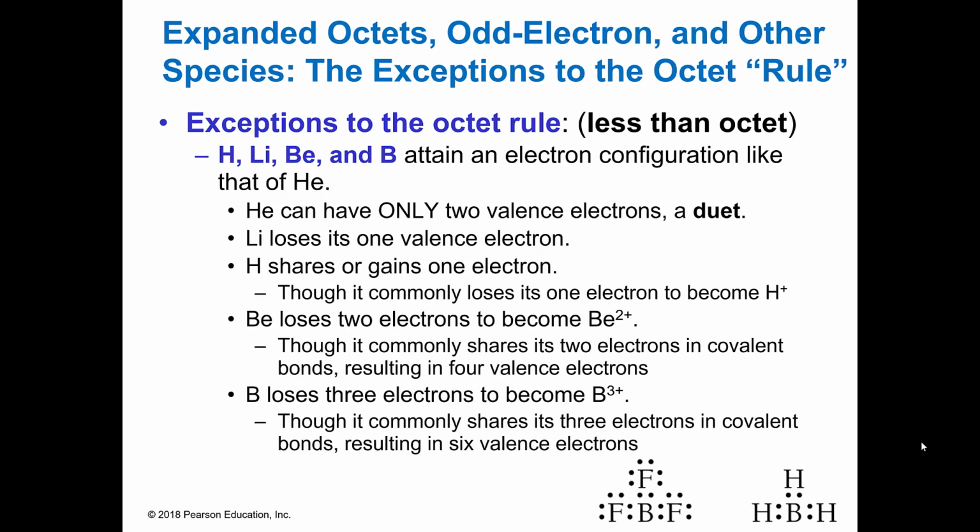What we will do is talk about the exceptions to the octet rule that are either less than an octet, and these are typically the small elements: lithium, beryllium, and boron. And boron is the main one for the molecular compounds.